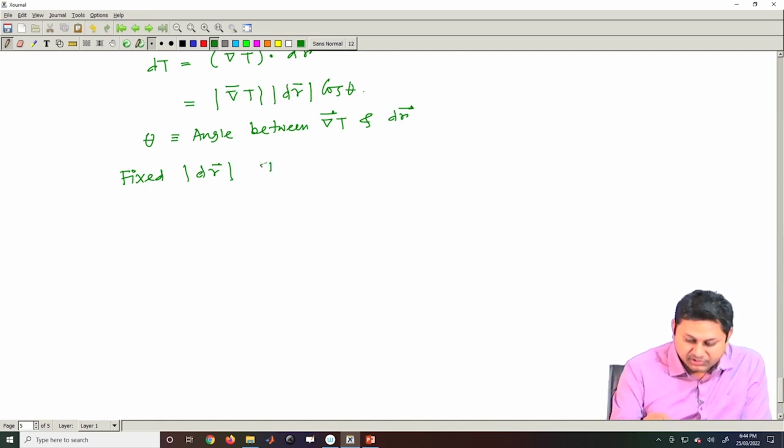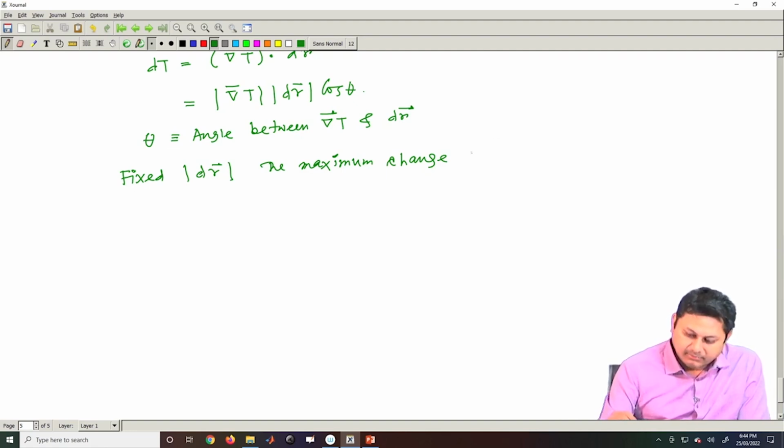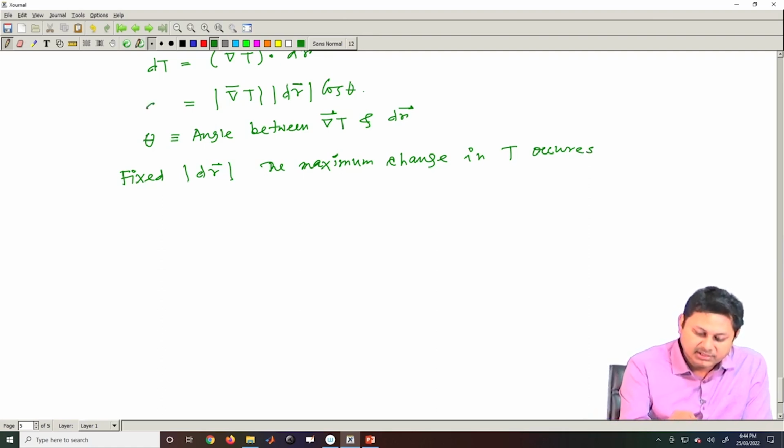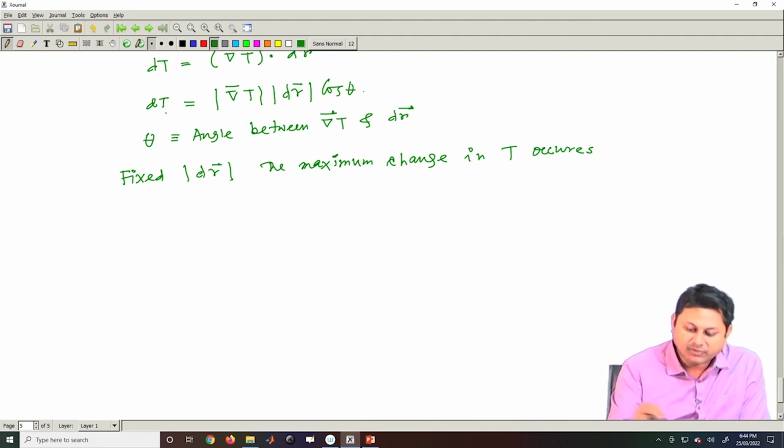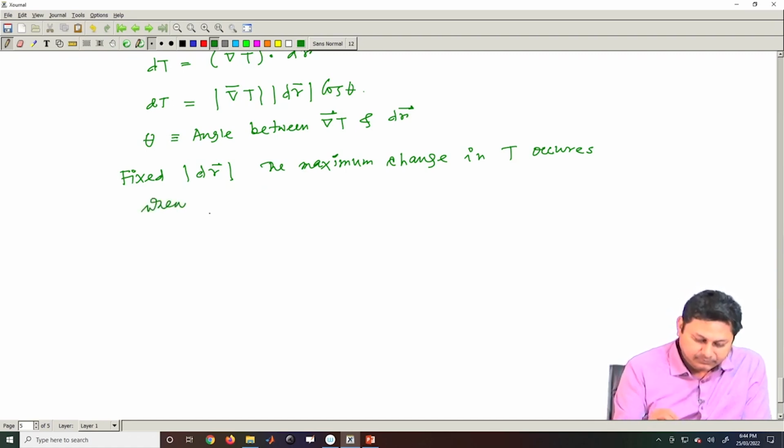The maximum change in T occurs, because dT is the change, I want to find out when it becomes maximum. It occurs when theta is equal to 0.